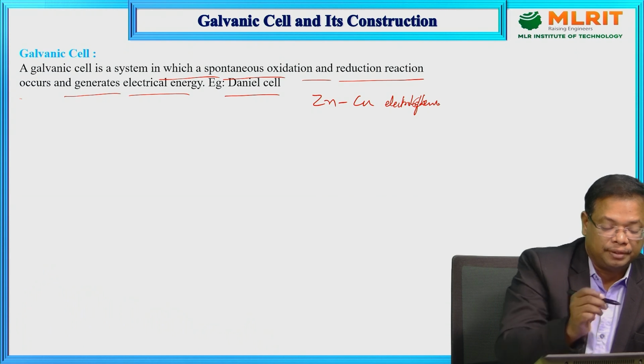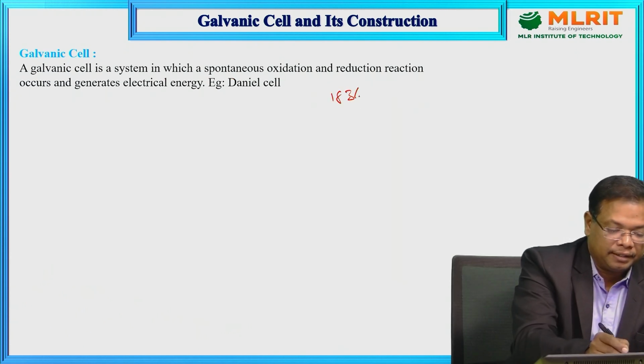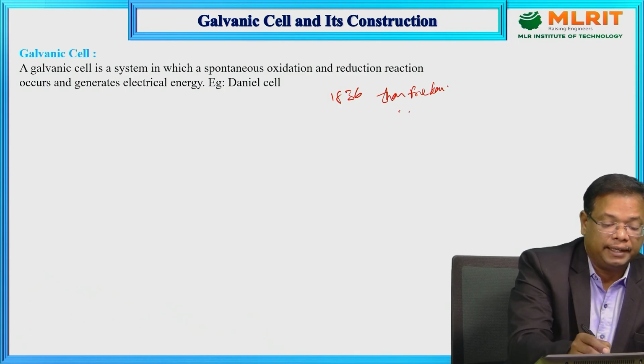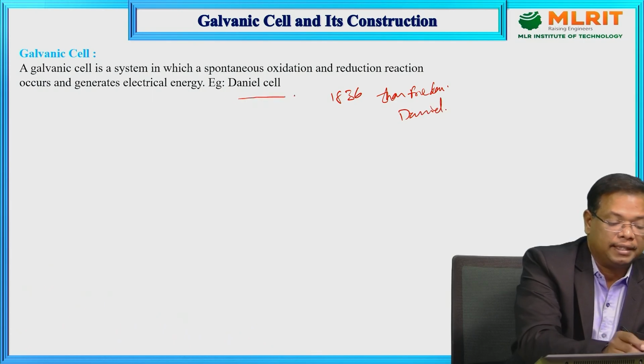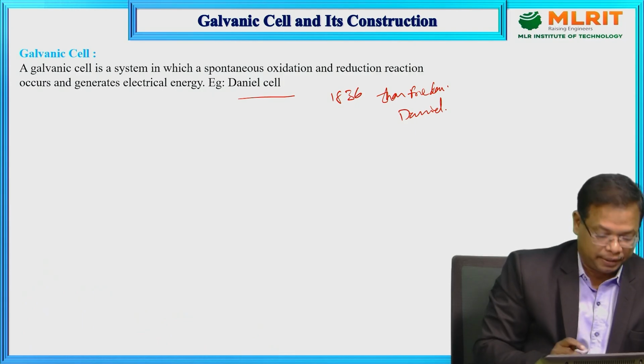Sorry. In 1836, John Frederick Daniell introduced this Daniell cell. On behalf of his name, this was popular.